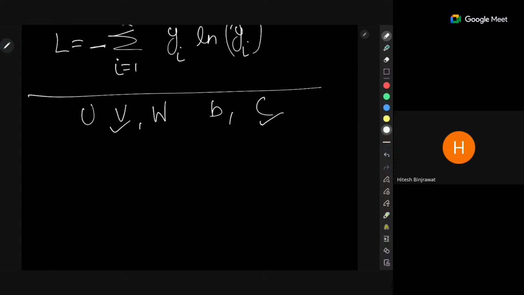So V and C are the easiest ones, because Y hat is equal to softmax of V ST plus C, right? So this is the equation of Y hat, and I can do it like I used to do in ANN, right?